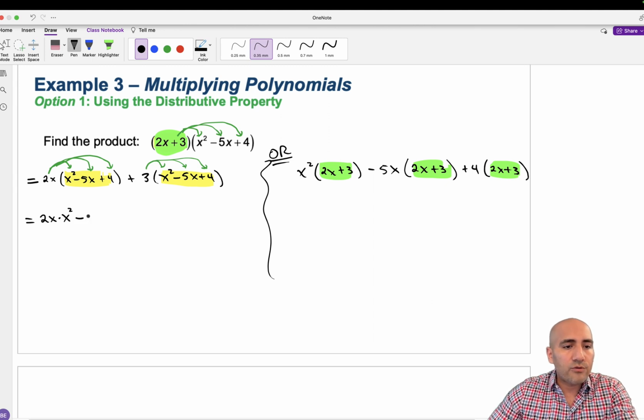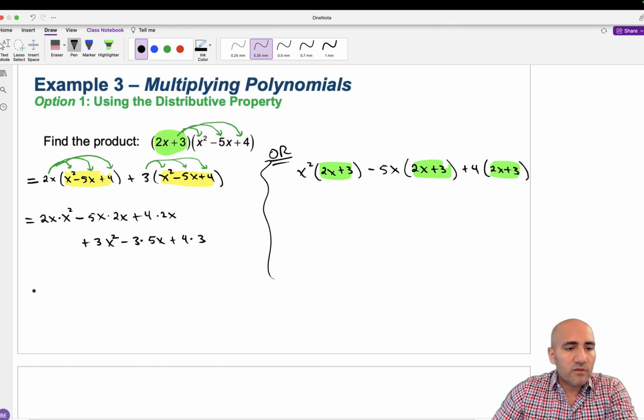So then we end up with 2x times x squared, minus 5x times 2x, plus 4 times 2x. Put a little space here, indented, and continue. So then plus 3 times x squared minus 3 times 5x plus 4 times 3.